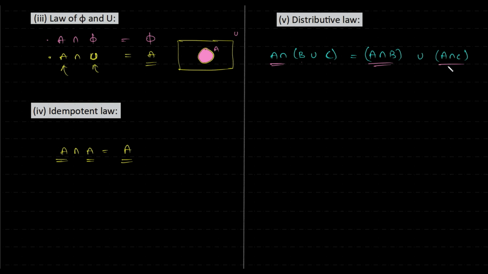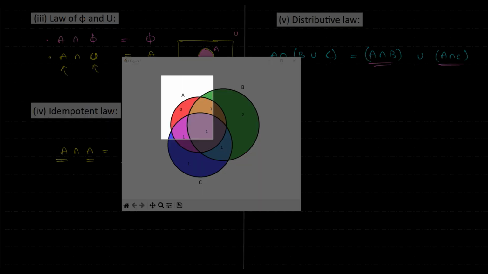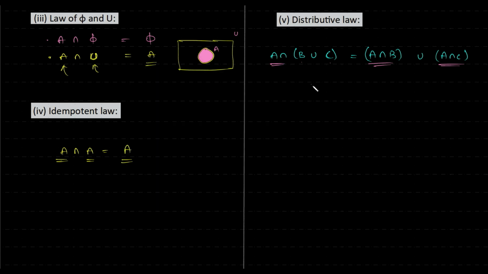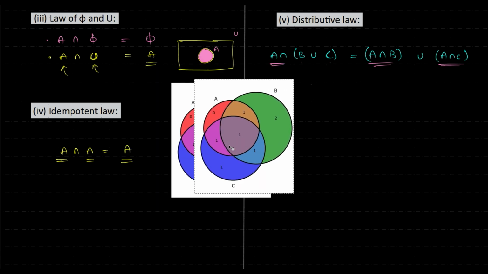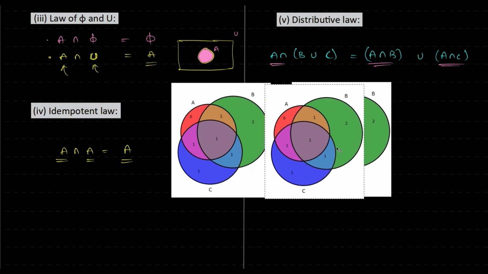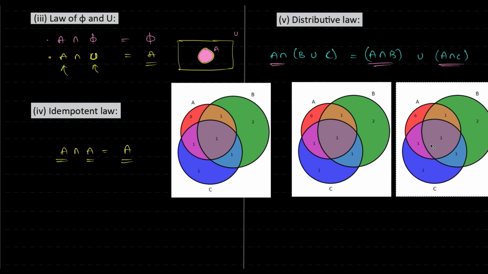and the union is taken post that. Let me explain it with something like this. So we have 1, 2, and 3. Let me analyze first thing first.